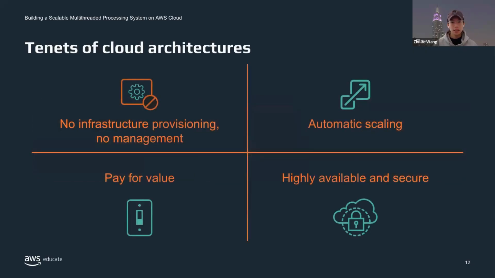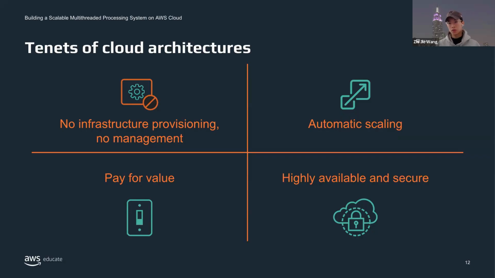Okay, and we're going to talk about some cloud architectures for the cloud users. With cloud computing, we have no infrastructure provisioning and no management. We don't have to manage our own server, like the physical server. We don't need to handle it ourselves because AWS will handle all these services for us.